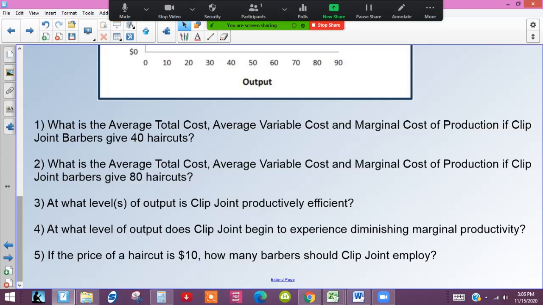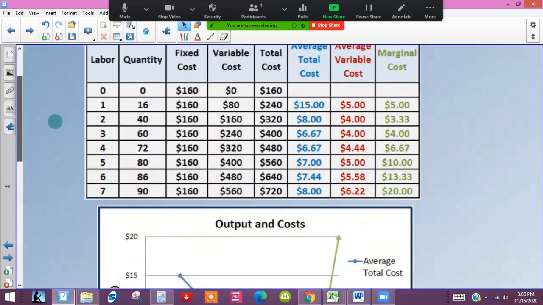We just look at our marginal cost, and this is going to require you to compute a marginal cost for the first 3 here, or until it starts to go up, because when marginal cost is going down, like it is between 1 and 2 units of labor, and between 16 and 40 units of output, or in this case, haircuts, our actual returns are increasing as we add labor, because our marginal cost here is decreasing.